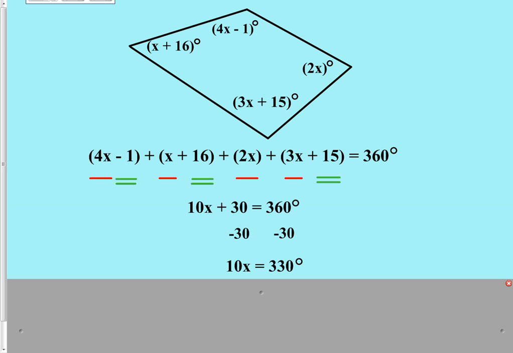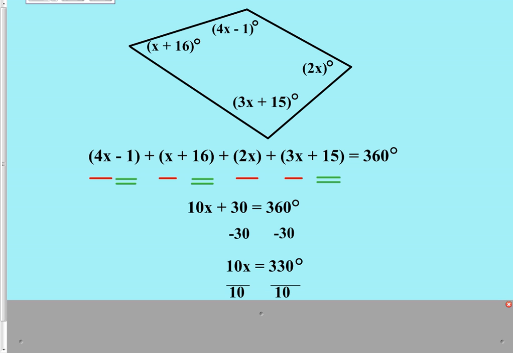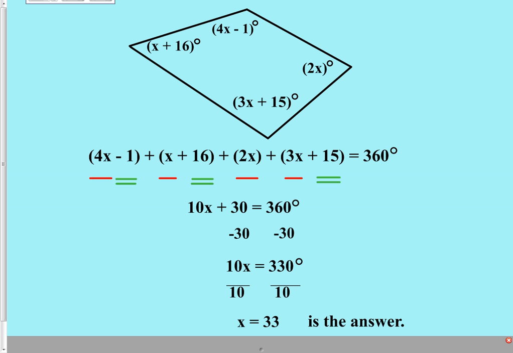Now we have 10 x's on the left, but of course we don't want 10 of them, we just want 1. So we will divide both sides by 10. That will leave just x on the left, which is what we want, and 330 divided by 10 is 33. The problem told us to solve for x. We have x is 33.